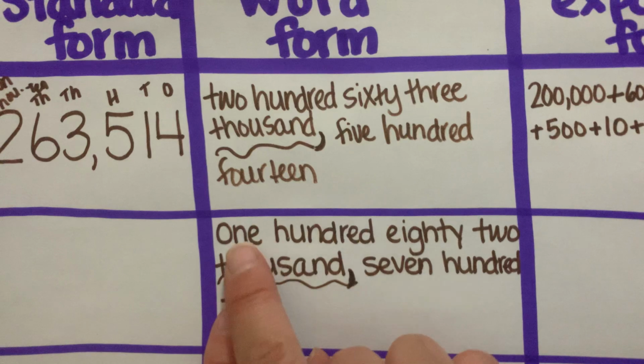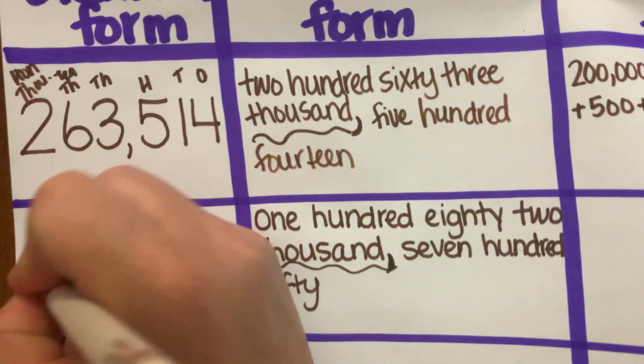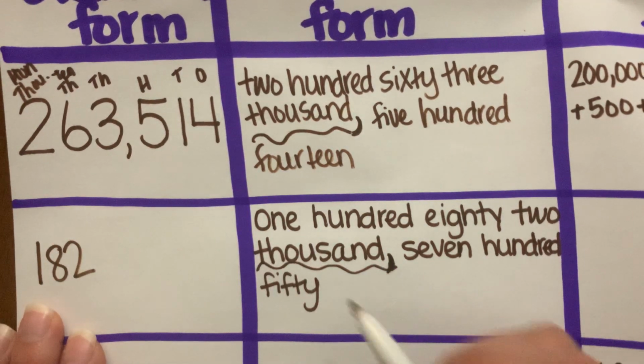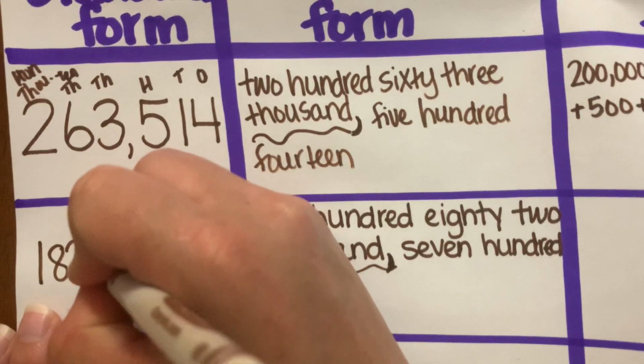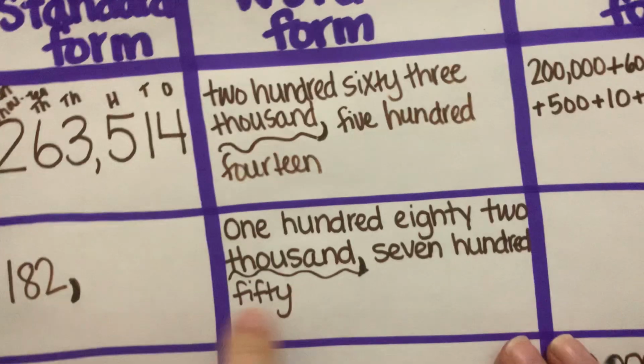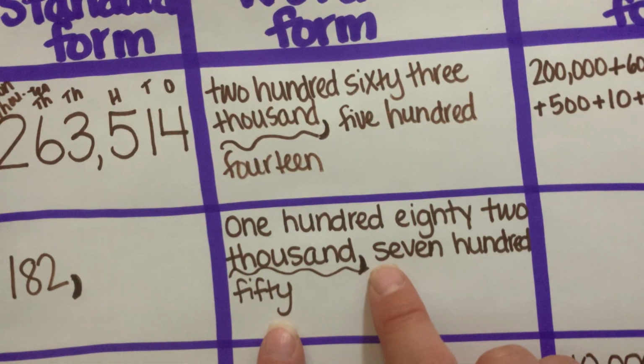So what are the first three numbers in that period? 182. So I'm going to write that. 182. And once I get to this 1,000, I know that that's my signal for, okay, new period, so put your comma. Next, let me keep reading until the end. 750.